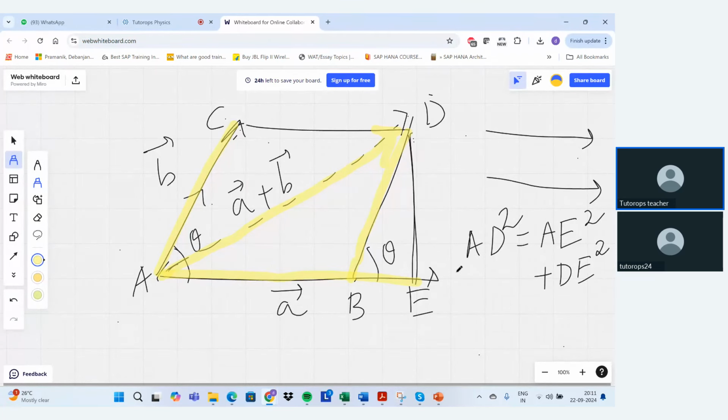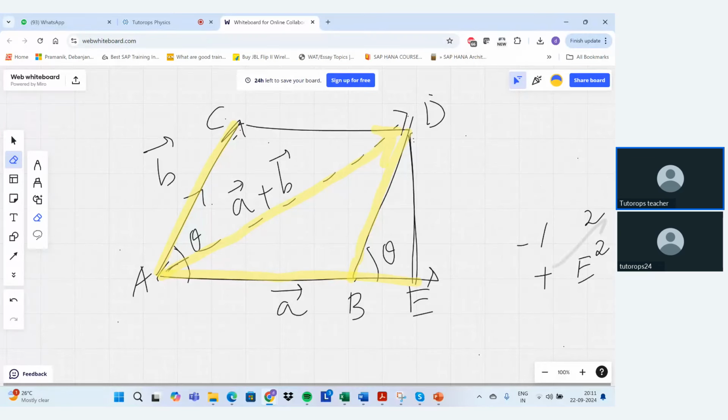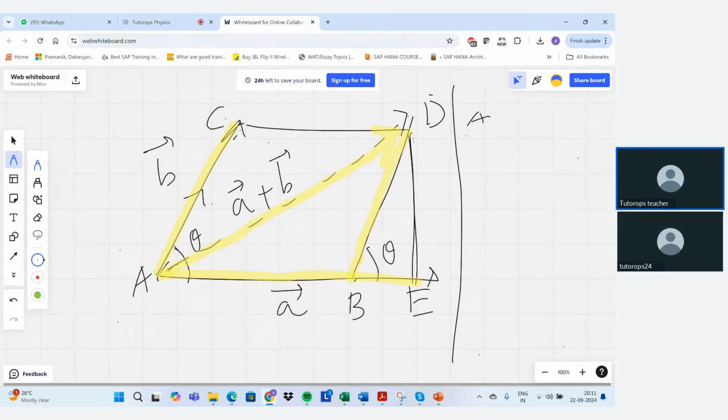Fine. So let me just rub this part and I will come. So here AD square is equal to AE square plus DE square. Fine. So here, let me drill down.